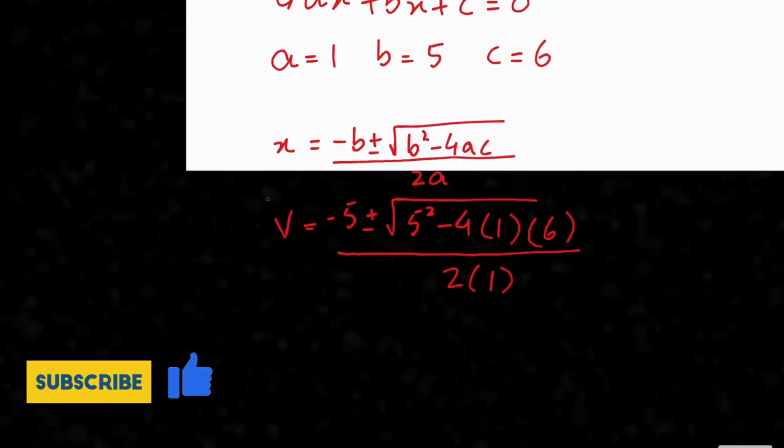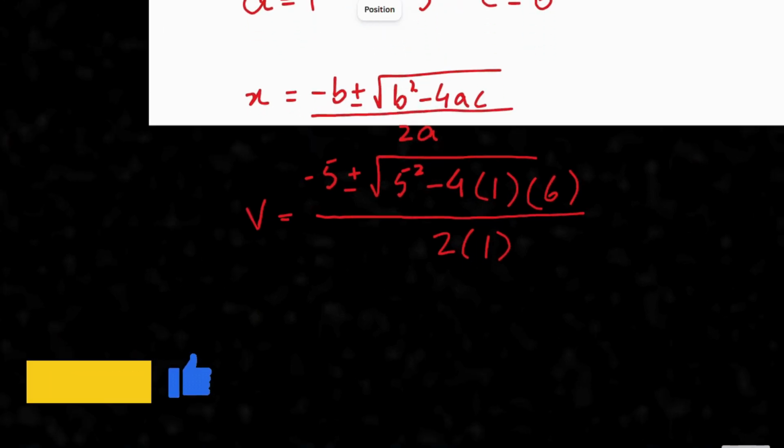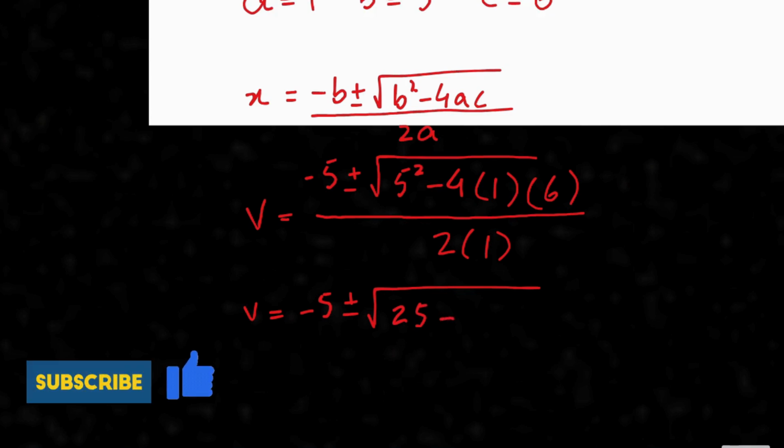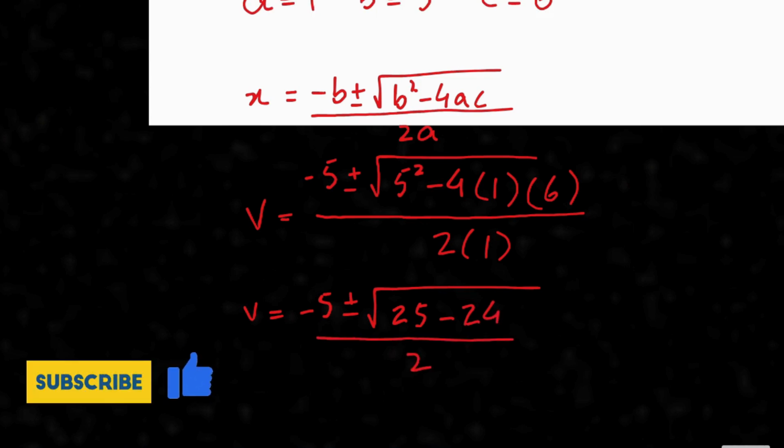So let me adjust this. Okay, now it looks good. I need to find the solution. So v is equivalent to minus 5 plus minus radical, what is 5 squared? That's equivalent to 25, minus 6 times 4, that's 24, divided by 2.